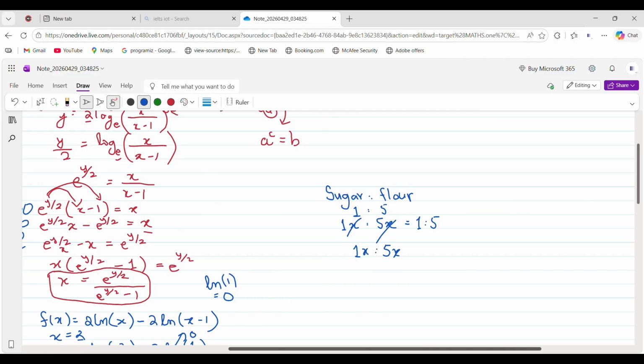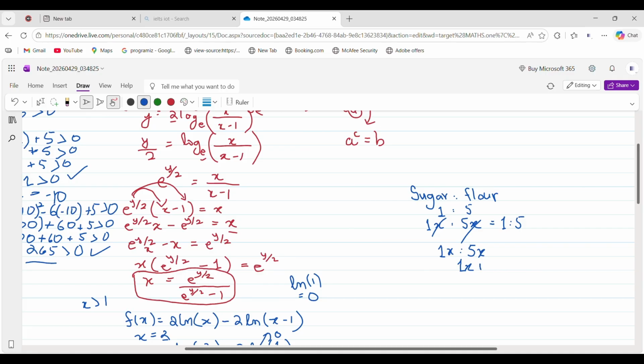So 1x, and they said 1 kg of sugar is added, so plus 1. We know that a ratio can be written in division form, so this can be written as x upon 5x.